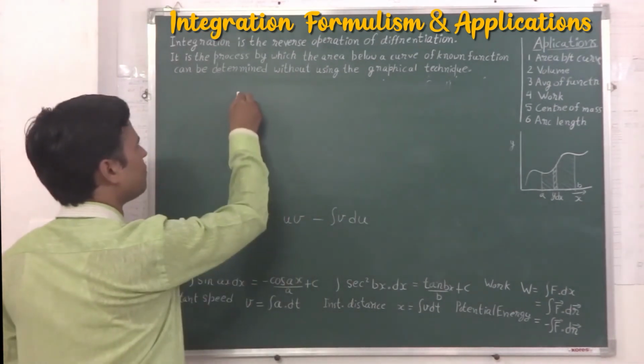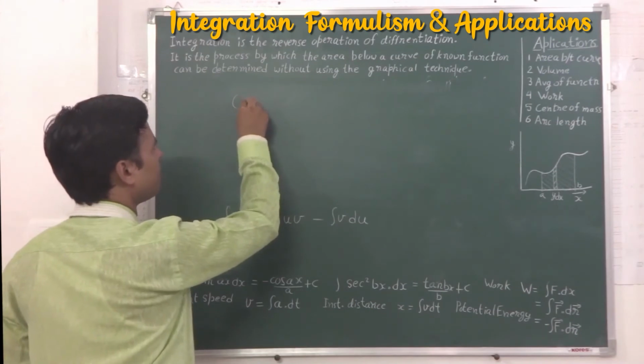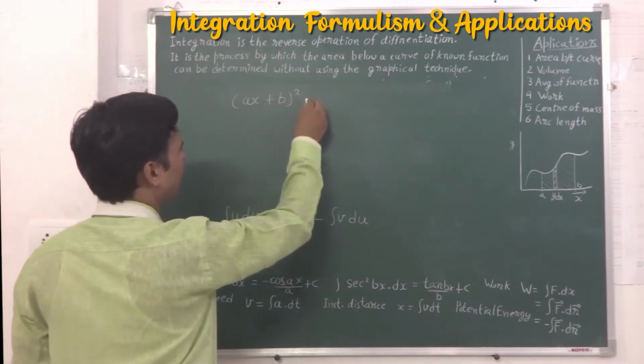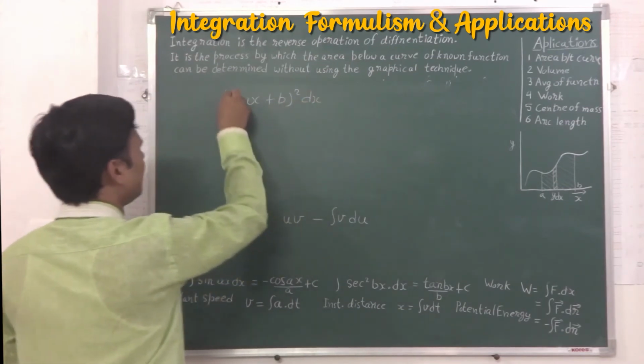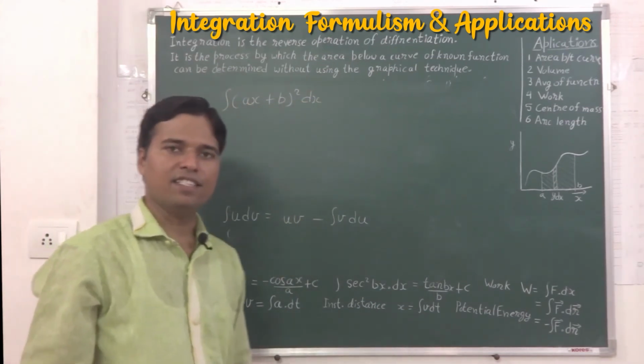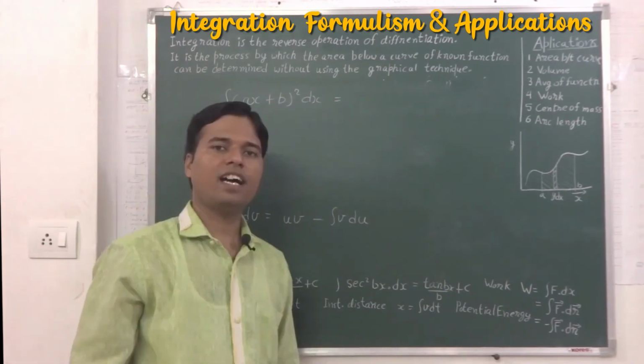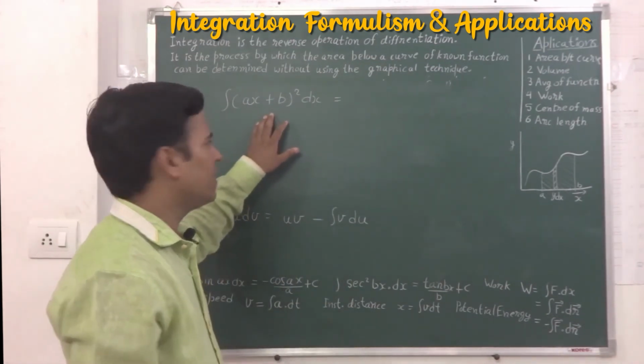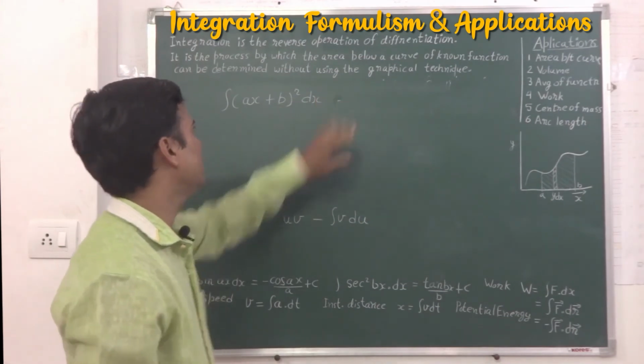Dear students, what will you do if you have a function like (ax plus b) whole square dx and you want to get its integral? There are other methods also, but for simplification, expand this function.